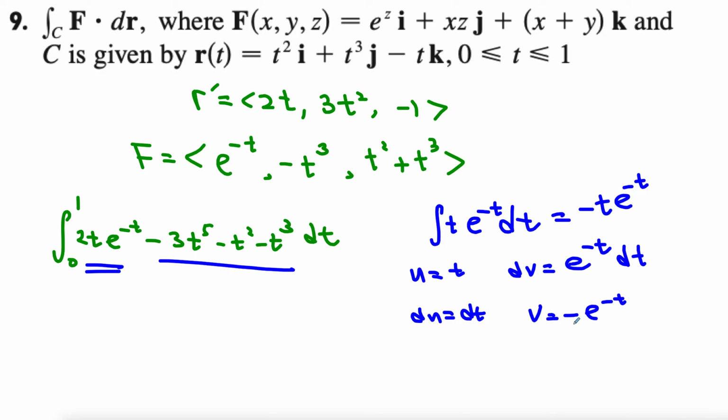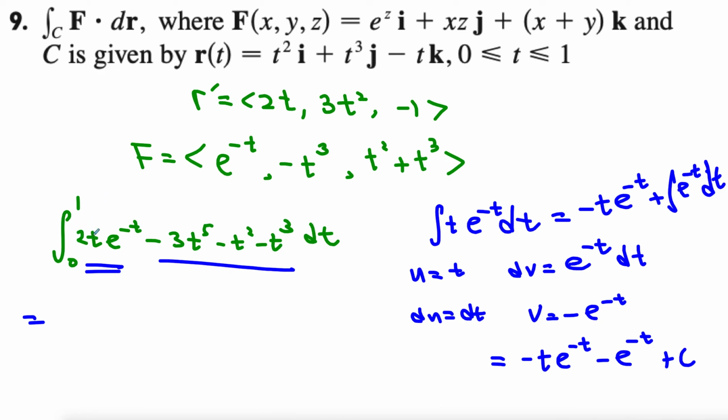Minus minus becomes positive, so technically it becomes plus e to the negative t dt, which becomes negative t e to the negative t minus e to the negative t. Technically there's a plus c, but it doesn't matter for the value.